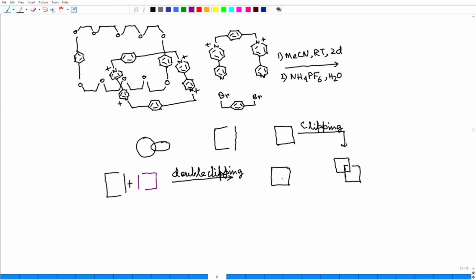So, with double clipping, I am going to get this. Single clipping, double clipping. We can make another macrocycle too, but that one we made earlier. So, I have completed this catenane topic, and we have shown you how to make catenane.